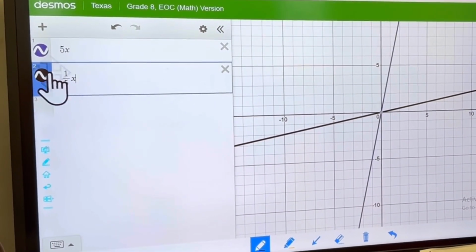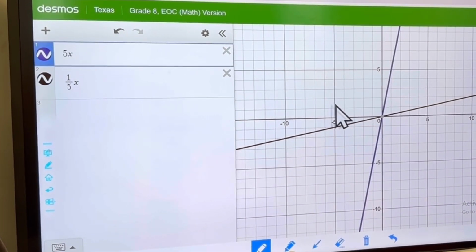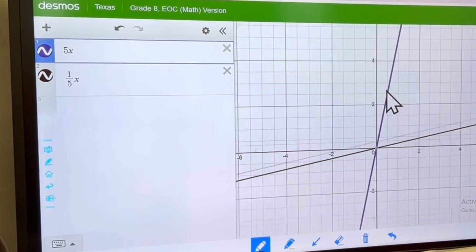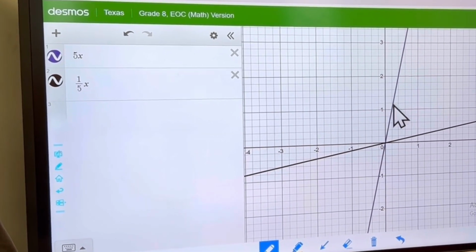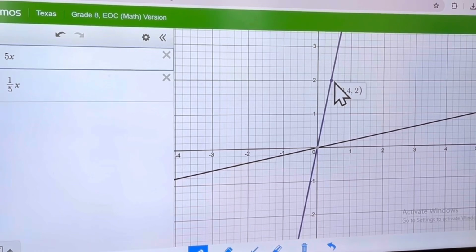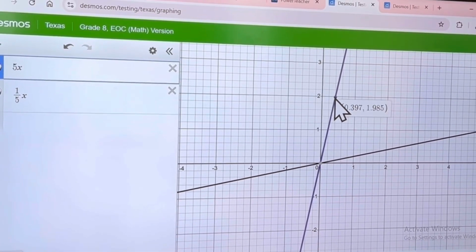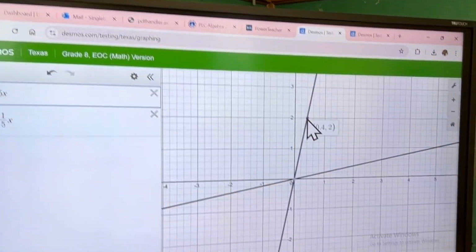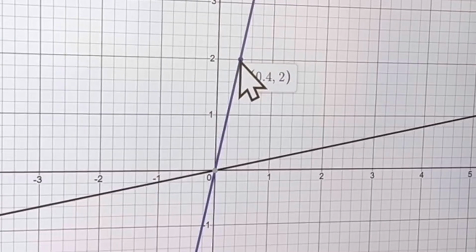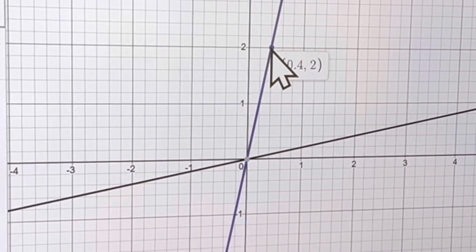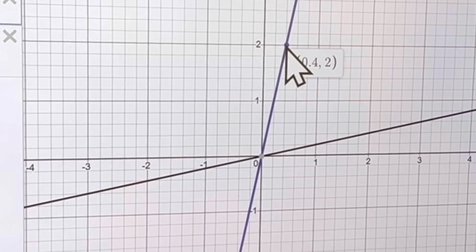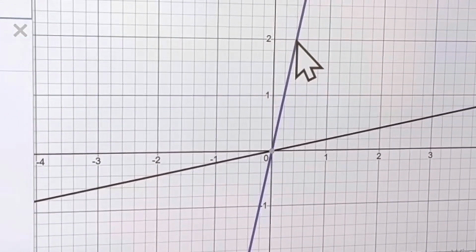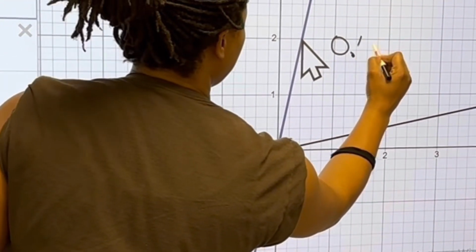So let's make the first one purple. Any point on this graph. It doesn't matter. You could pick any point. Can you guys read what this says right here? What's that say? 0.4, 2. Okay, so 0.4, 2, you would write that down in your paper.